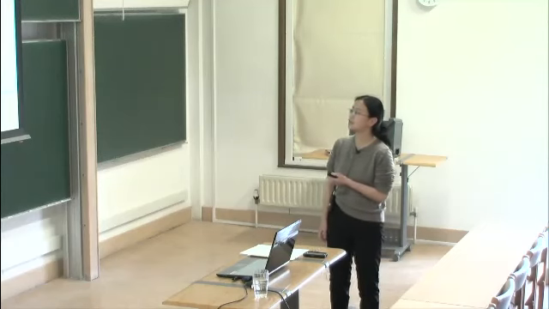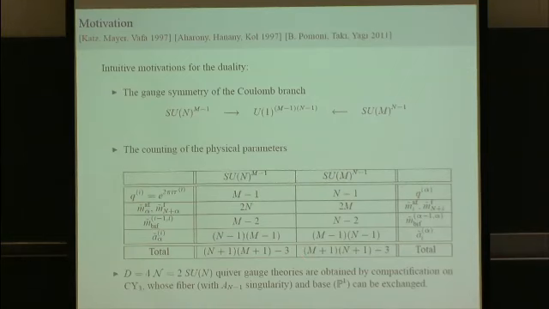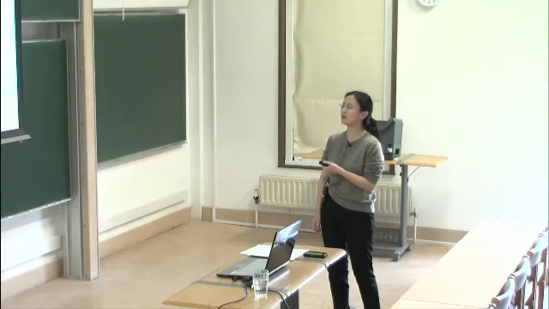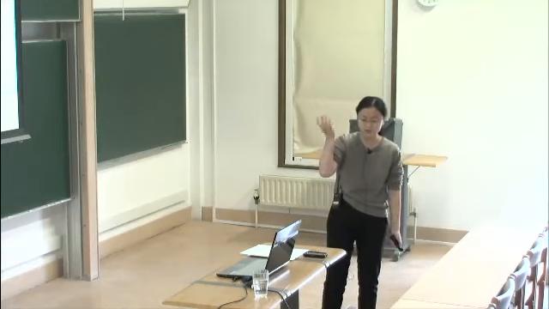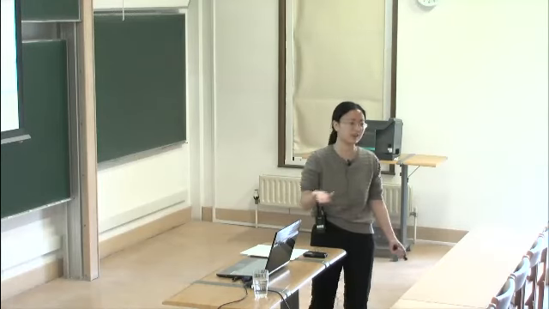So the total number is (n+1)(m+1) minus 3. Since n and m appear symmetrically here, swapping n and m gives you exactly the same number. You could also do the exact counting, and you end up with the same number. So at least the number of physical parameters are the same, which gives you hope to find a map between them.